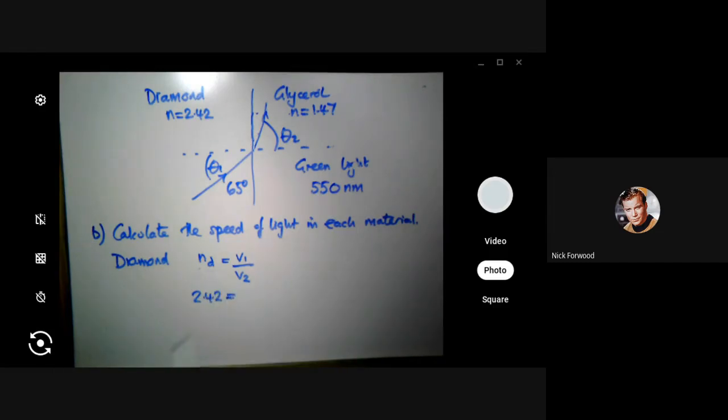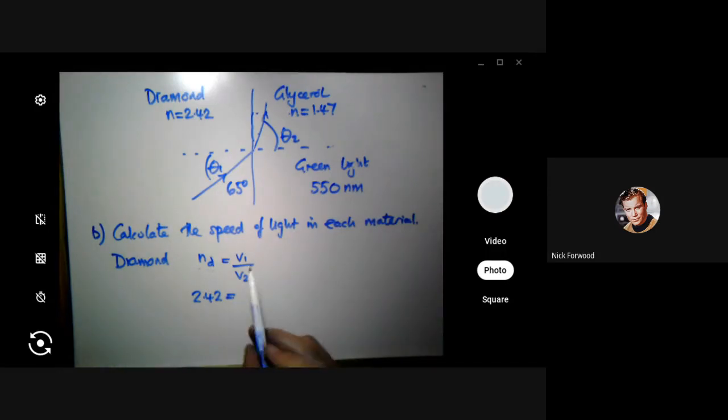And what are we going to do? We're going to have to compare each of these with something that we do know. We do know the velocity of light in air, but we do not know the velocity of light in diamond.